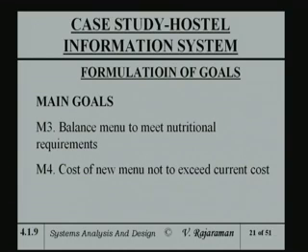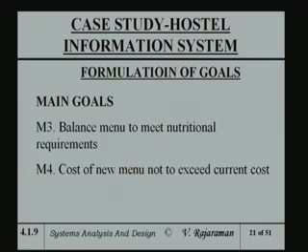But of course, in hostels you can't be all that strict in terms of the nutrition as looked at by a nutritionist, but by and large you have to have a balanced menu in the sense that there should be a certain amount of carbohydrates, a certain amount of protein and things like that.